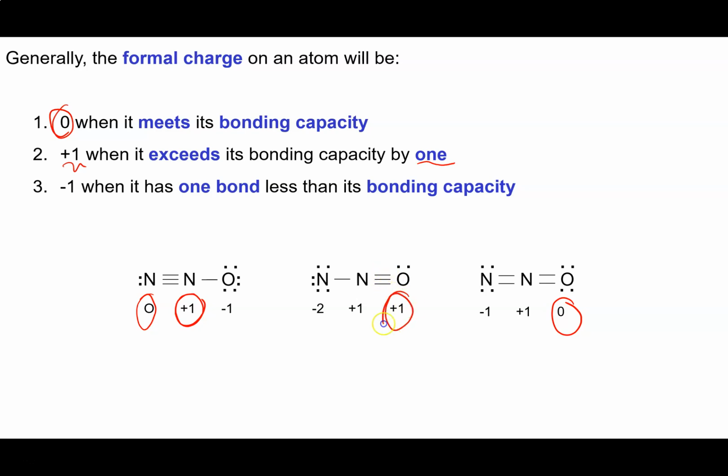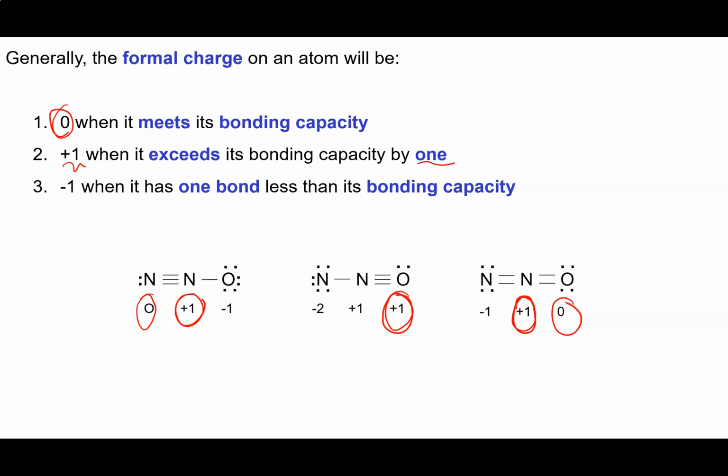It's gone over its bonding capacity by 1, and sure enough, its formal charge is +1. Similarly over here, nitrogen likes to form 3 bonds, but this one in the middle is actually forming 1, 2, 3, 4. It's gone over its bonding capacity by 1, and sure enough, its formal charge is +1.